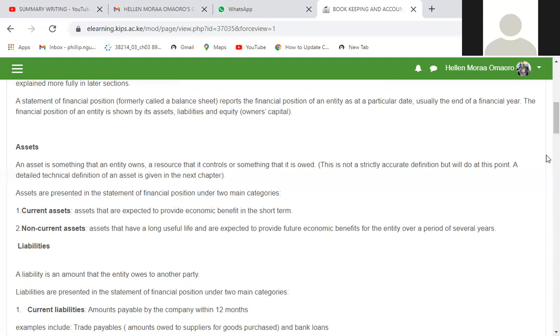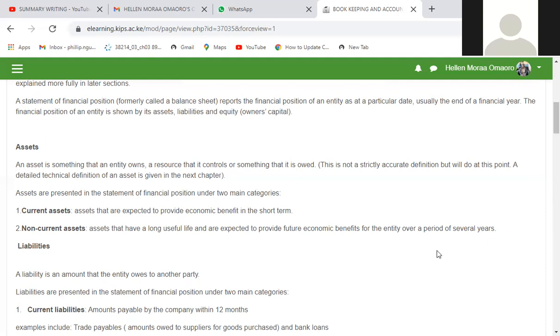The short term meaning within 1 year. Those are current assets. Then we have the non-current assets, the ones which have a long useful life, and they are expected to provide future economic benefits for the entity over a period of several years. So when we say several years, it's more than 1 year.